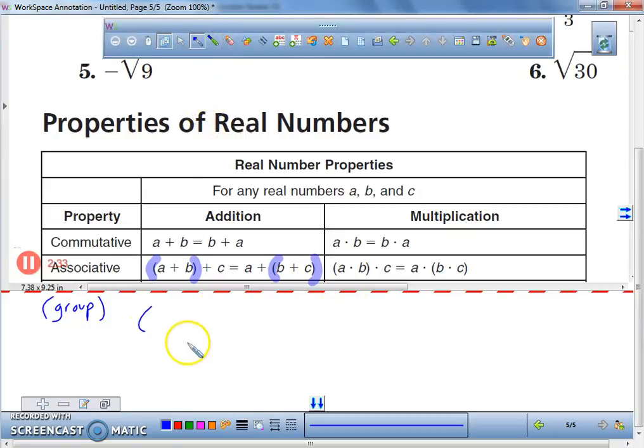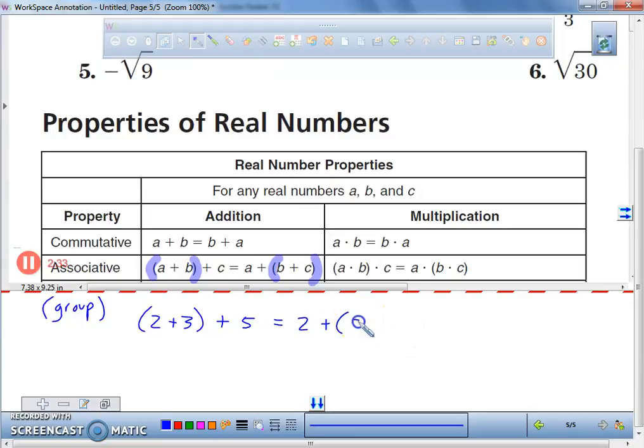All right? So let's say 2 plus 3 plus 5 equals 2 plus, and let's group the 3 and the 5 together. Here's an example where the parentheses have moved, but not the numbers.